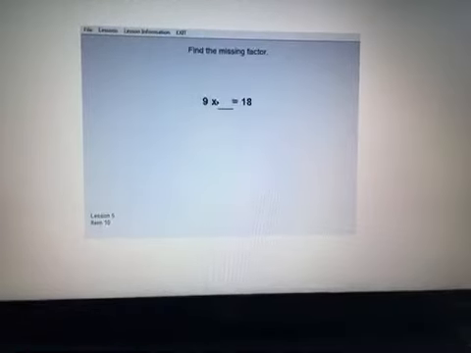Again, we're getting into algebra, and it's so many things are going on, and yet the children all learned.